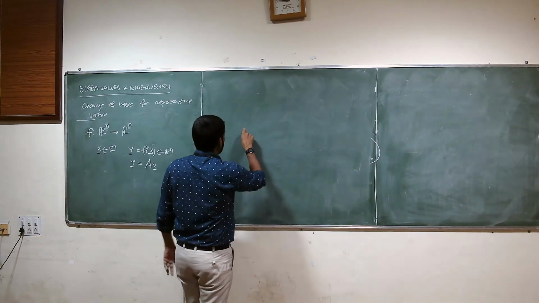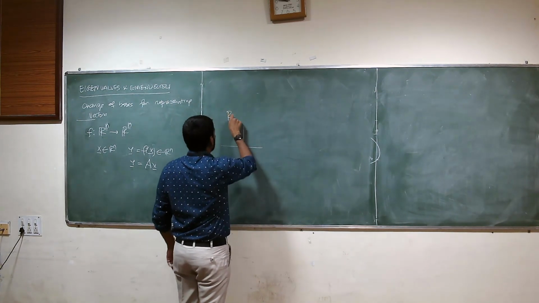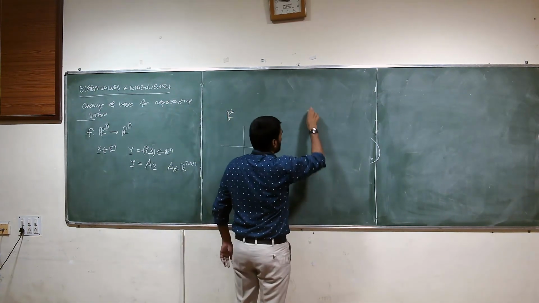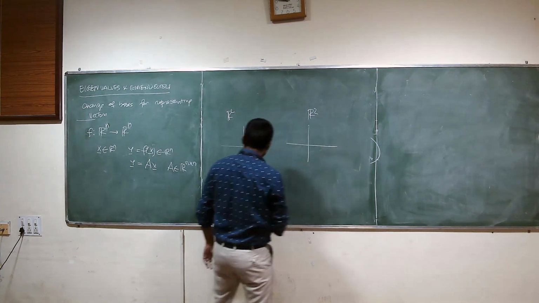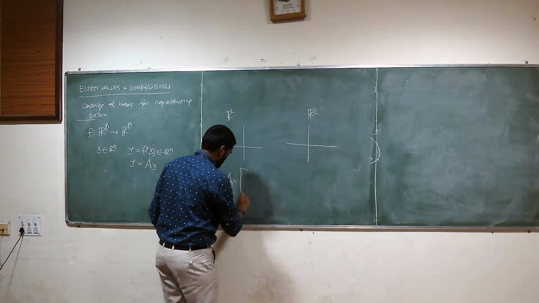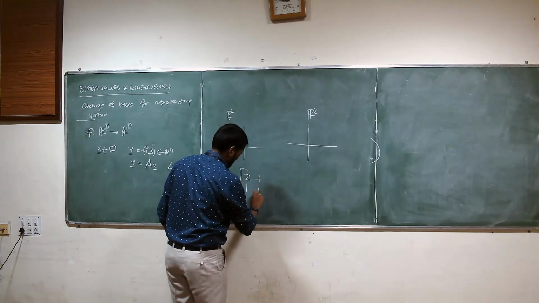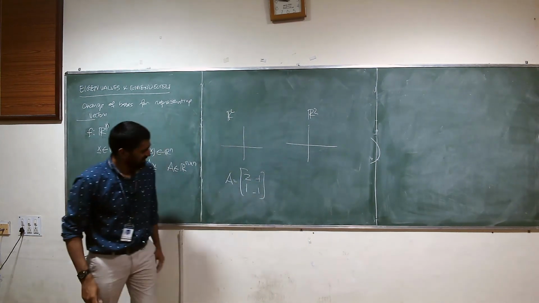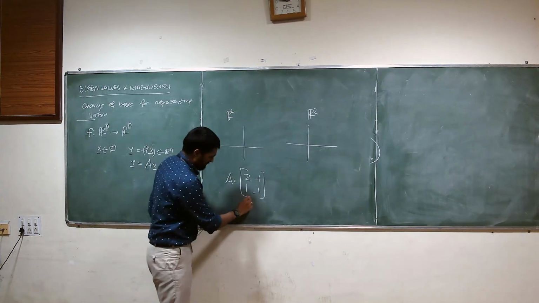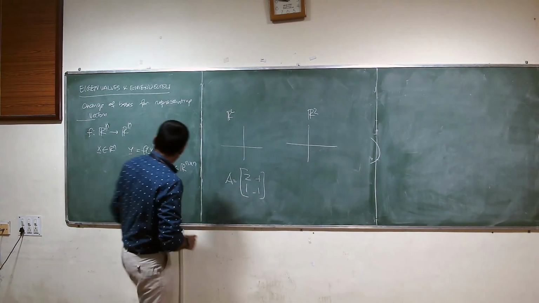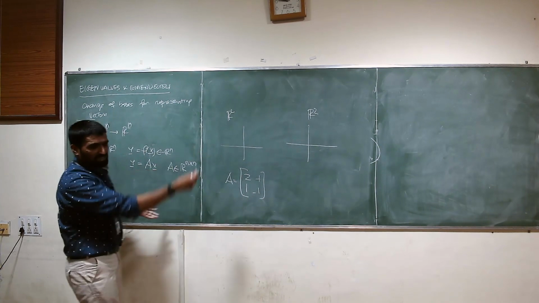This is algebra. Let's say we're talking about R2, and let's say our matrix is this. The algebra is okay, but I want to understand things geometrically.